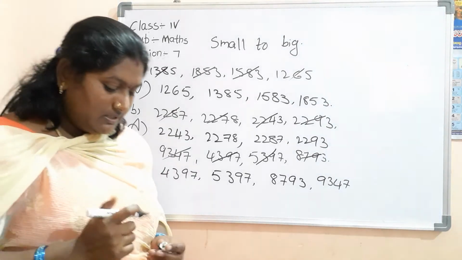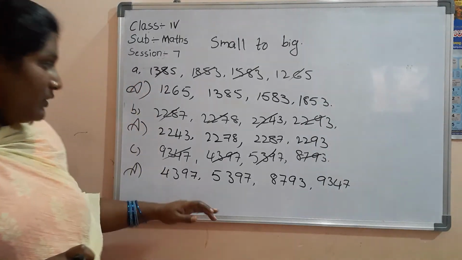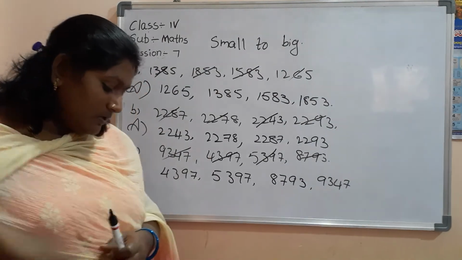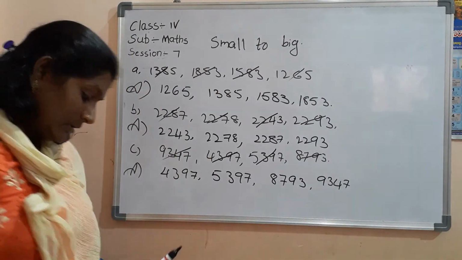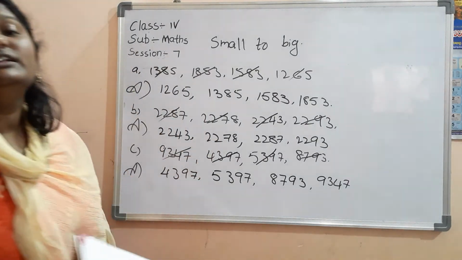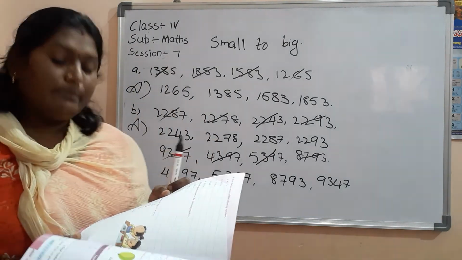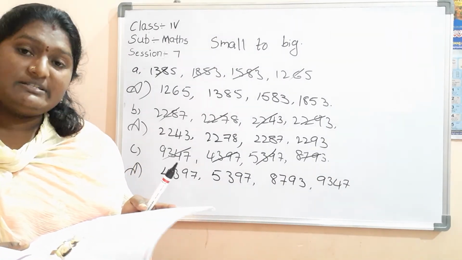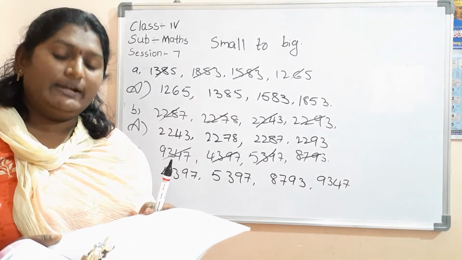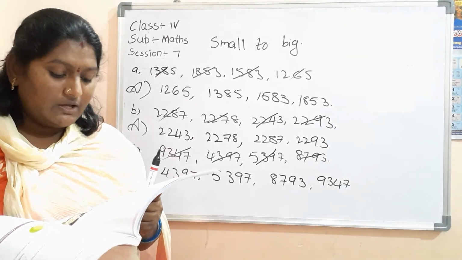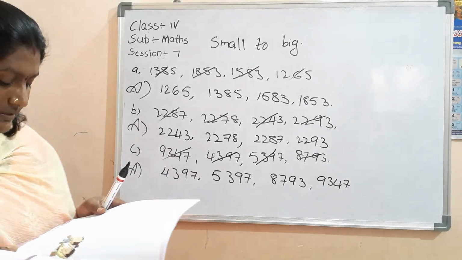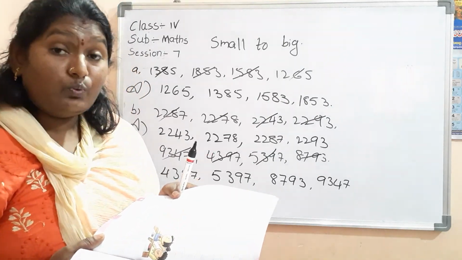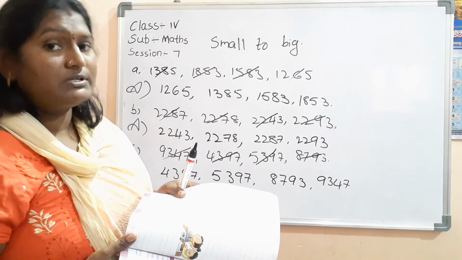Okay, children? I hope this is over. Complete this, note down everyone. Then the 8th bit is the homework. This is arranging the numbers big to small, children. Descending order: write the numbers in descending order. You want to arrange the numbers big to small, right?